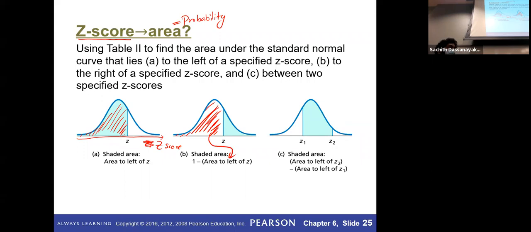Otherwise you cannot find, let's say, the probability Z greater than or equal to z, where z means the particular Z value. If you need to find this, you have to stick with this process. You cannot directly find the area for the probability of Z greater than z. So you have to find the probability of capital Z less than or equal to z and subtract it from 1. This is how we find it. There is no other way. Clear?